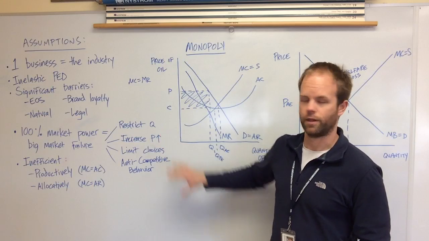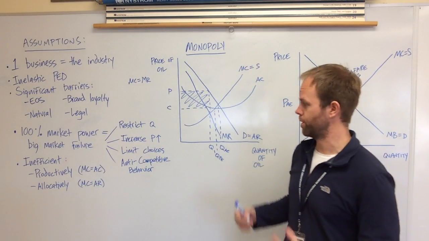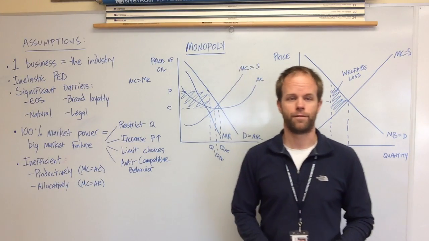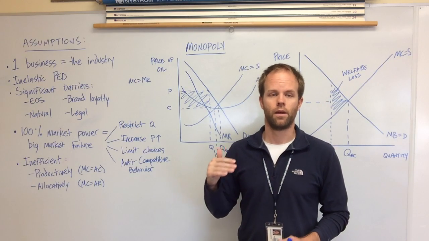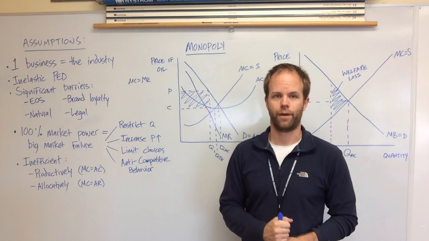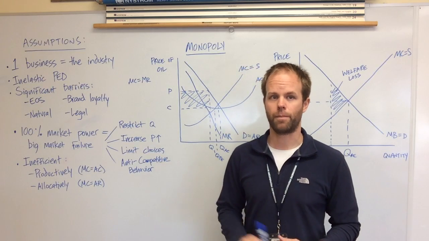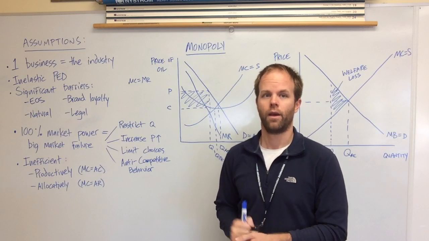All of this stuff, you know, damage to the environment, anti-competitive behavior, fewer choices, higher prices, multiple types of inefficiency. So this is the type of market that is the biggest threat to market failure, and it's for that reason that governments need to think carefully about how to prevent these and how to deal with them when they do happen.